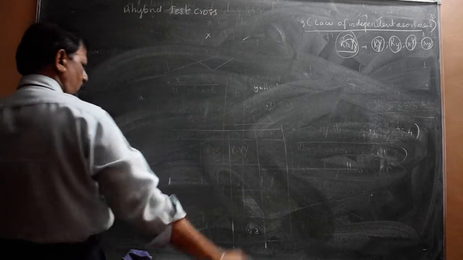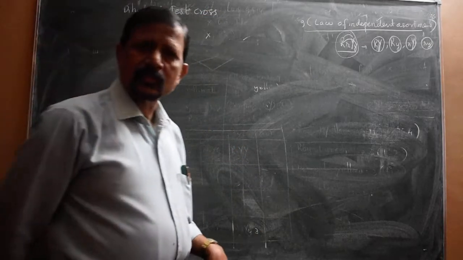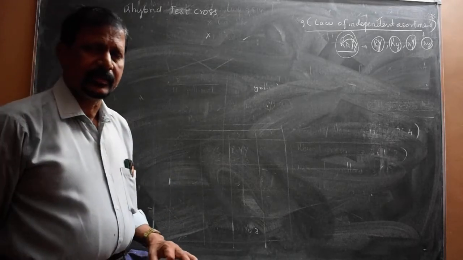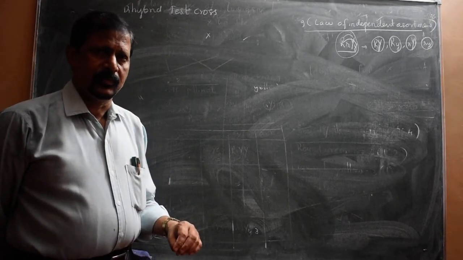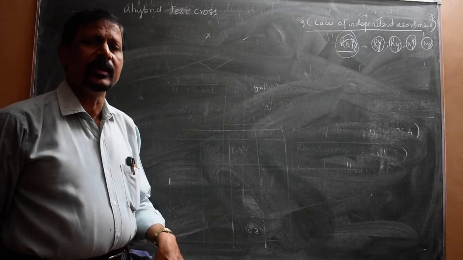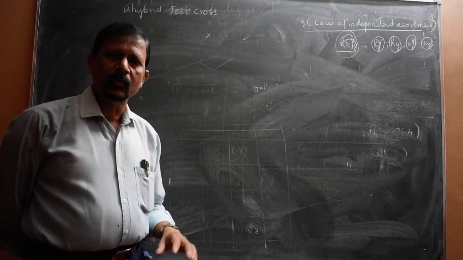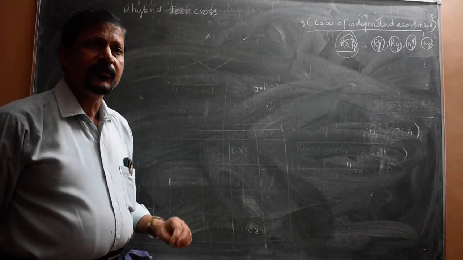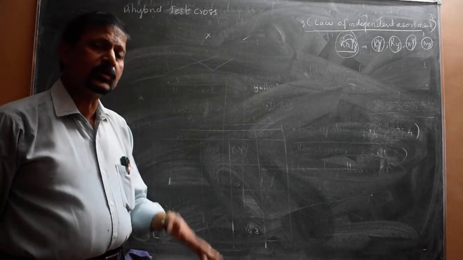Test cross you have already studied. Test cross means when it is very difficult to identify the genotype or the phenotype of a dominant plant, particularly the homozygosity or heterozygosity of the dominant plant. At that time we want to do a test cross.